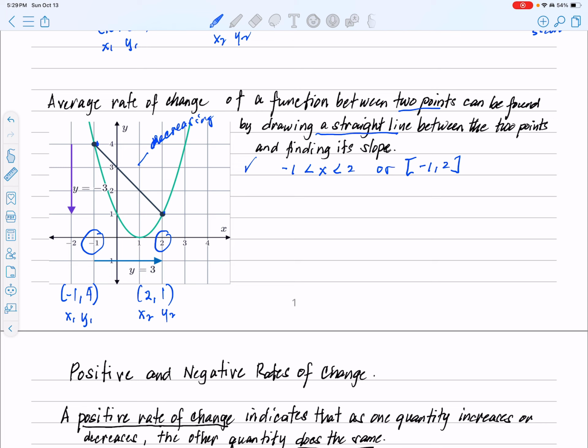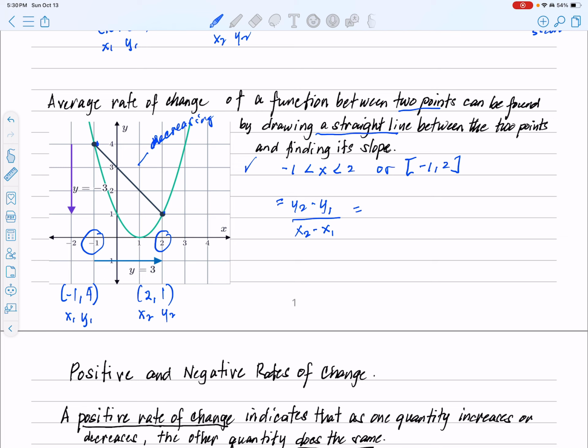All right, so in this case I can have y sub 2 minus y sub 1 over x sub 2 minus x sub 1. Simple as that.